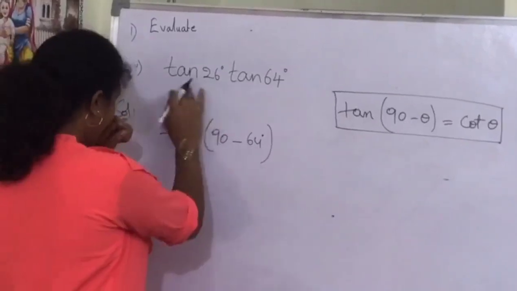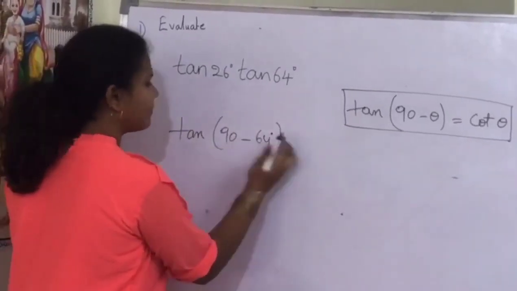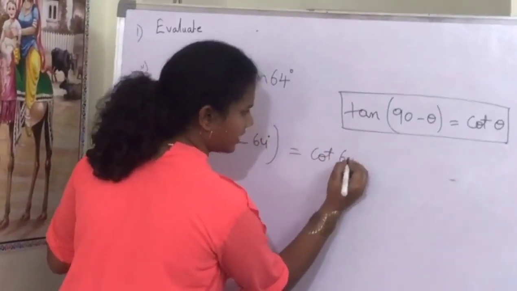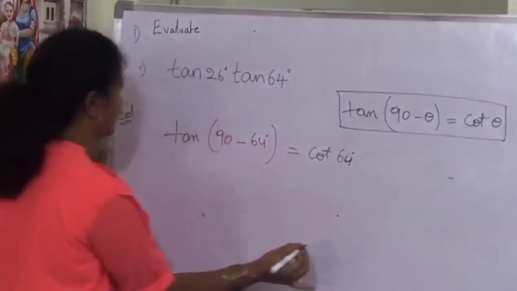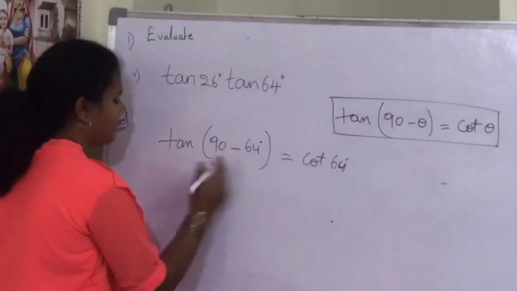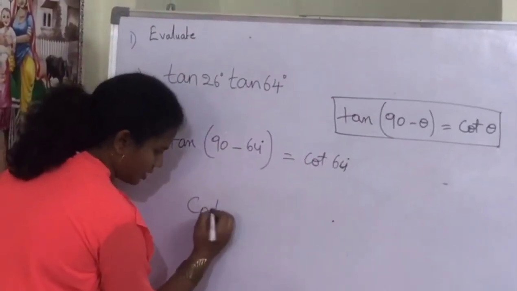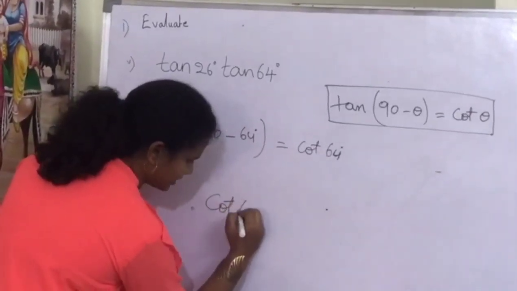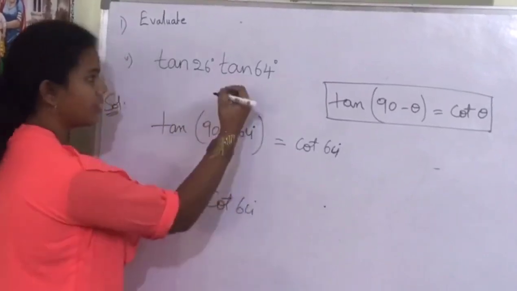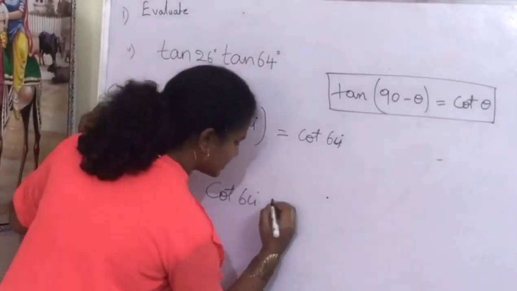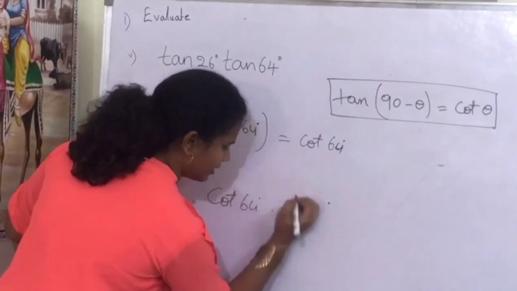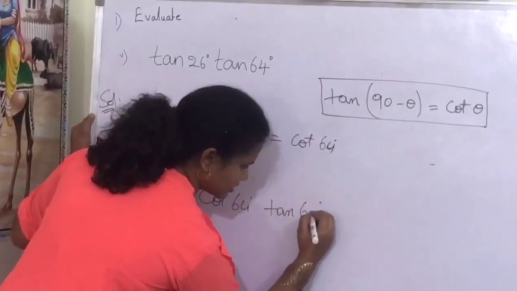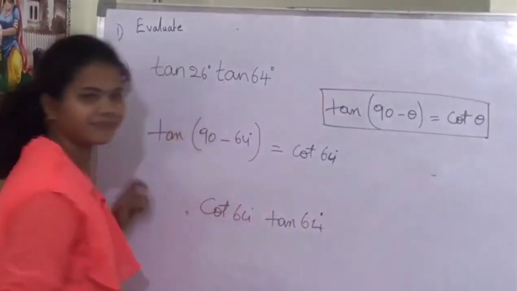So here we change tan 26 degree as cot 64 degree. Okay, tan 90 minus theta gives what? Cot theta. Now let's write down cot 64 here, into tan 64 degree.